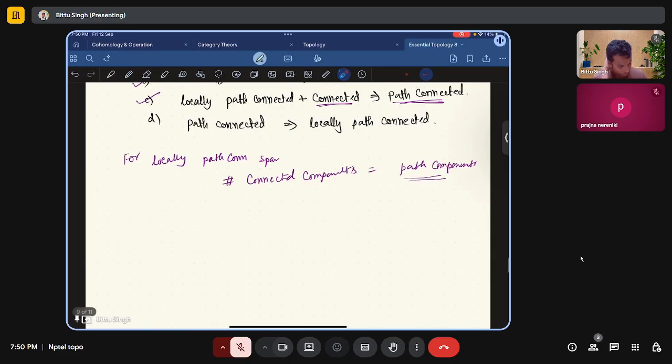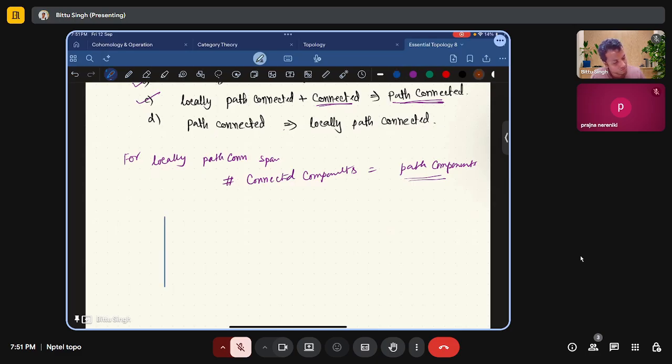So always remember this example. This is also an interesting example. By which example have we seen this is not true for the connected analog? That is, can you give a connected set which is not locally connected? So let me draw.